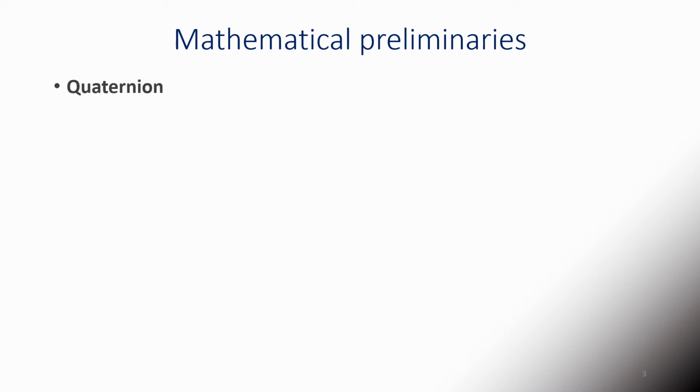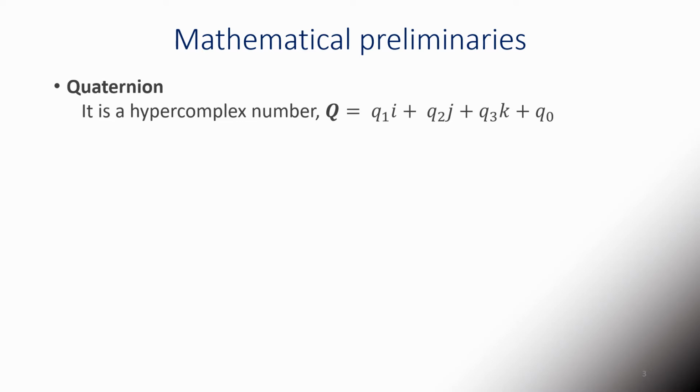Here, I quickly go over some mathematical preliminaries to understand the content of the paper. First, I'll describe quaternions. A quaternion is a hypercomplex number represented as capital Q equals Q1 i plus Q2 j plus Q3 k plus Q0, where i, j, k are imaginary numbers.